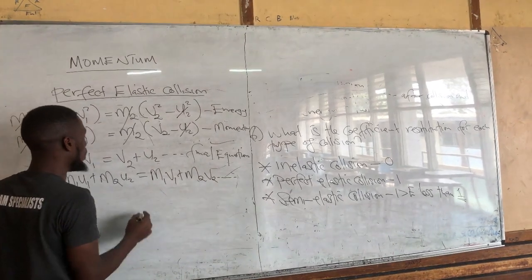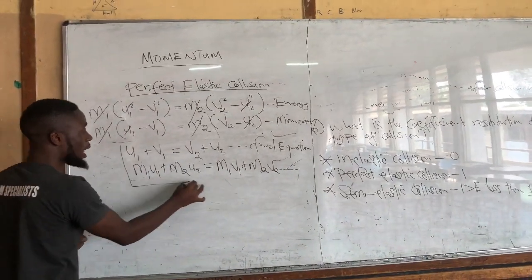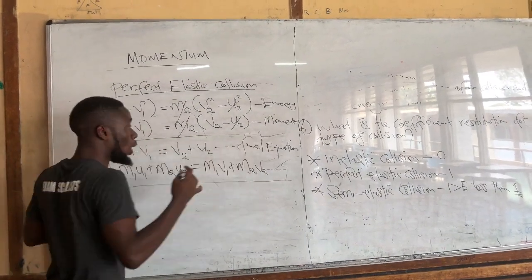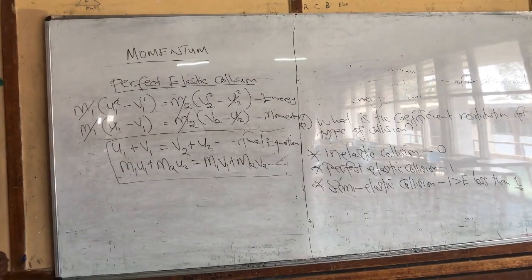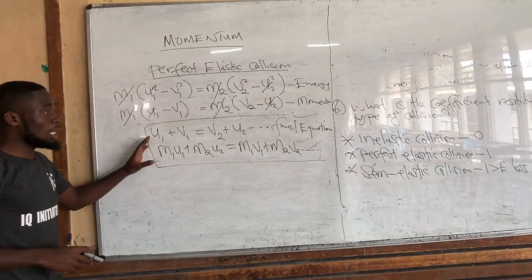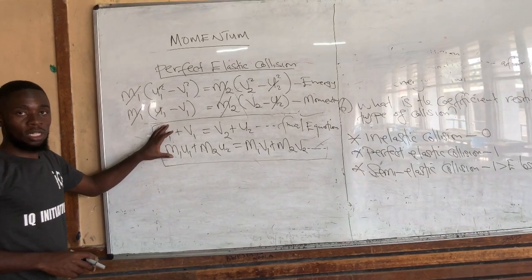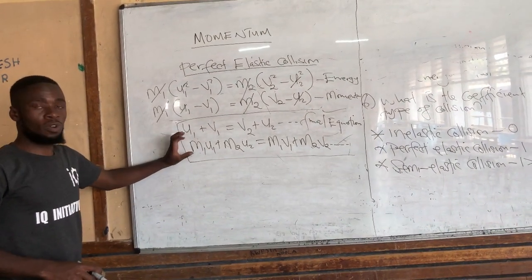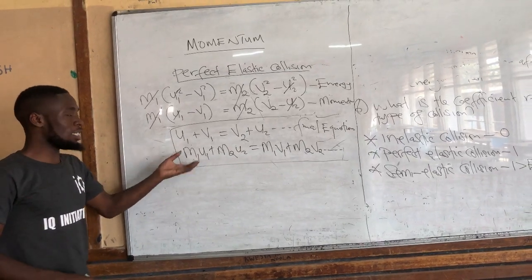This is equation 2. These are your guns. If you understand these two equations, you are done with momentum. You'll see how we use them when solving questions. It's simple and straightforward if you understand these two equations.